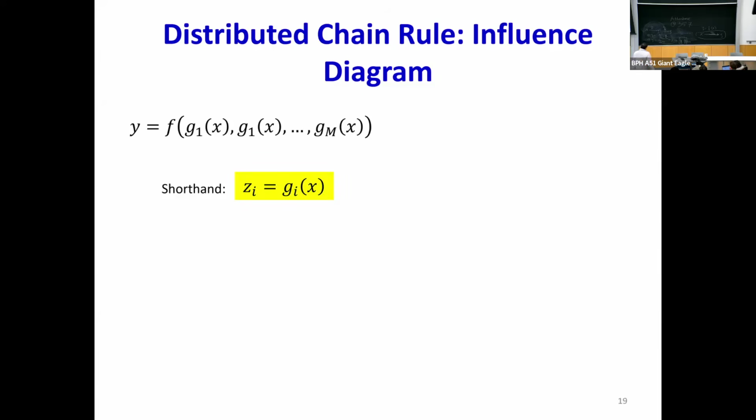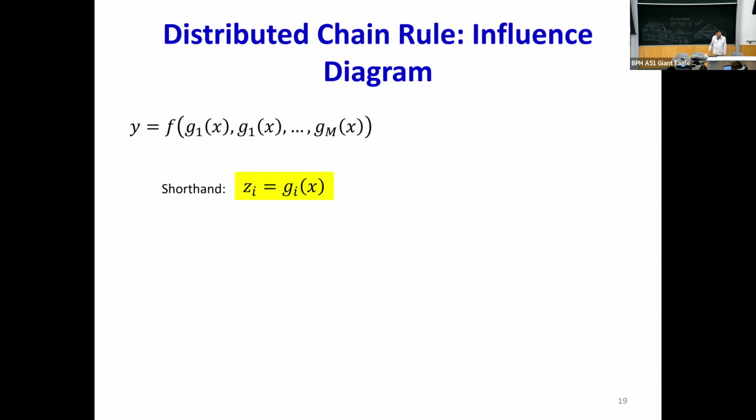This is going to be a diamond. x will influence each of these. Let me just say zi equals gi of x just for ease of notation, right? So x is going to influence z1 through zn, and each of these is going to influence y.